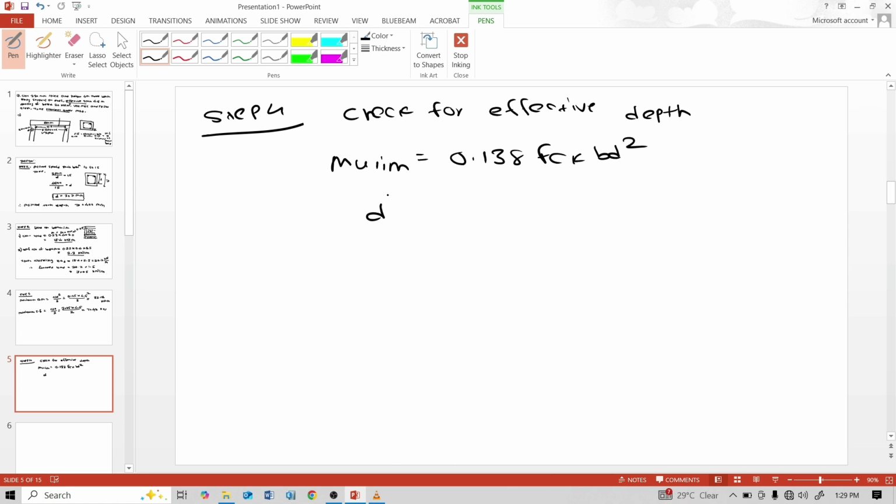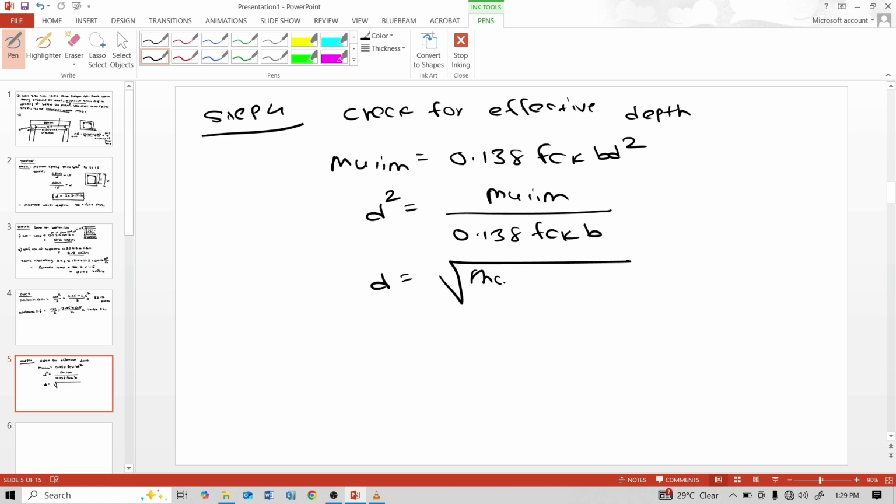So for effective depth, d square equal to Mu limit divided by 0.138 fck b. d is equal to under root of Mu limit divided by 0.138 fck b.